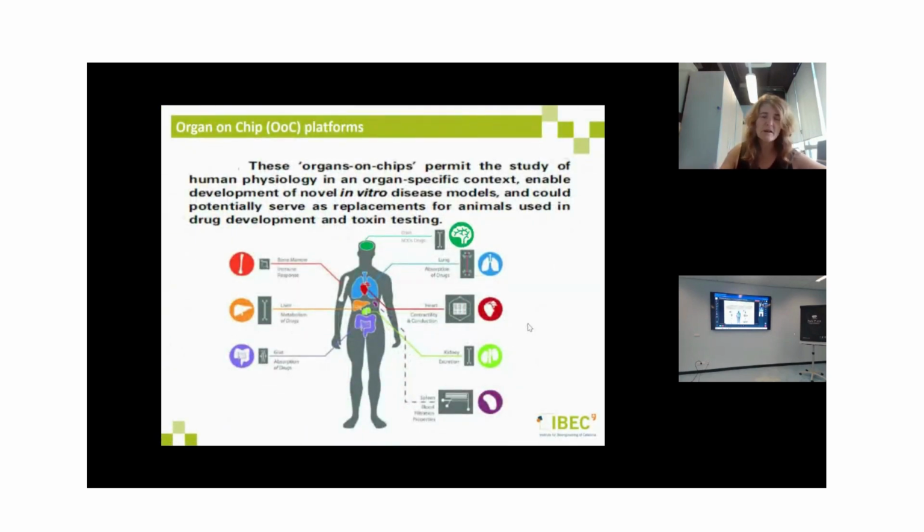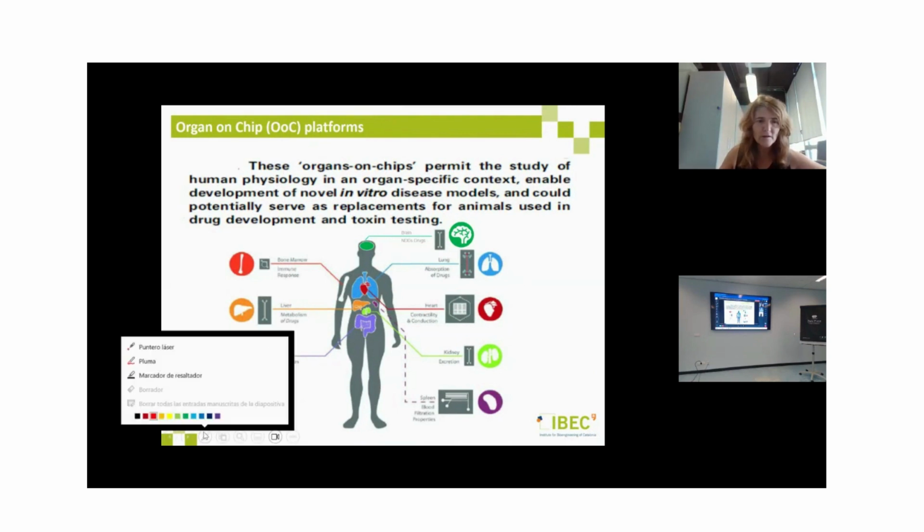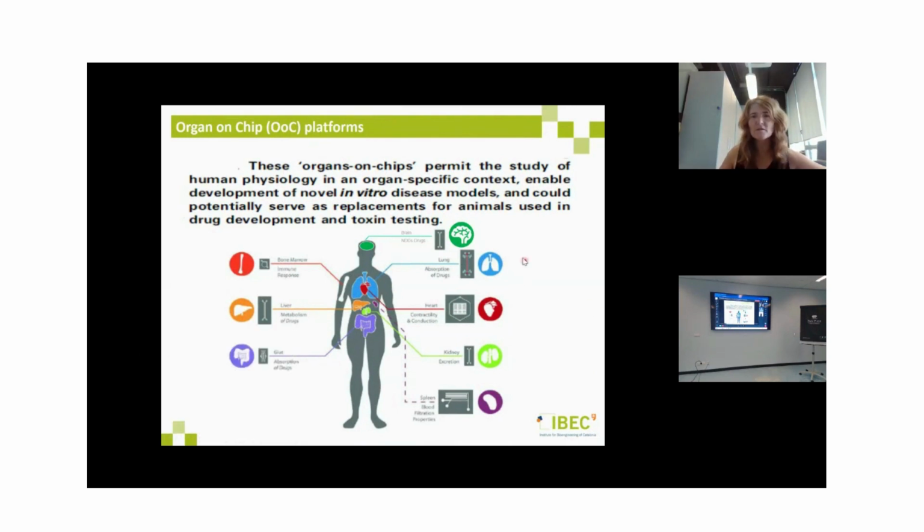In the last years, different kinds of organ on a chip have been developed for different applications. For example, in the case of the lung, the mimicking of the alveolar membrane has been developed and published, and oxygen can be detected when it passes through the membrane.